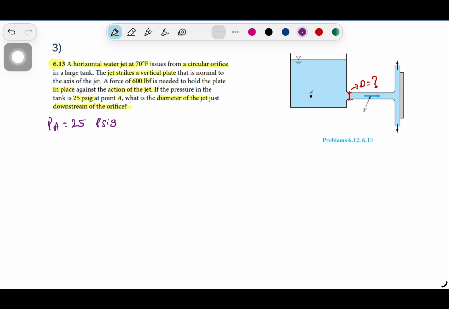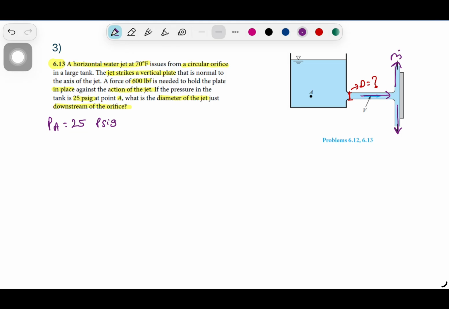And we have this outflow. And also, as you can imagine, when we apply this water jet, it will split into these two directions.